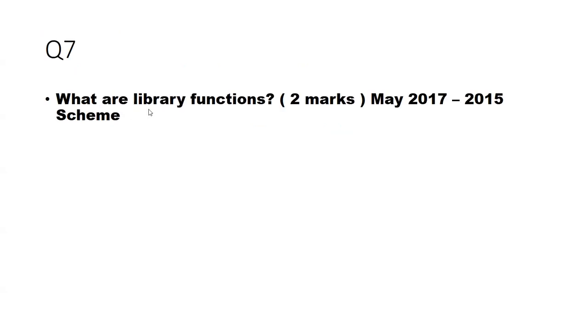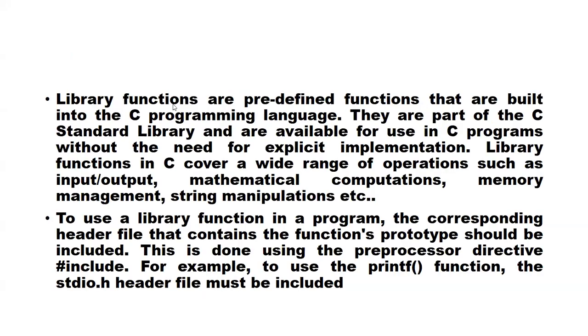Next question, what are library functions? Library functions are predefined functions that are built into the C programming language. They are part of the C standard library and are available for use in C programs without the need for explicit implementation.